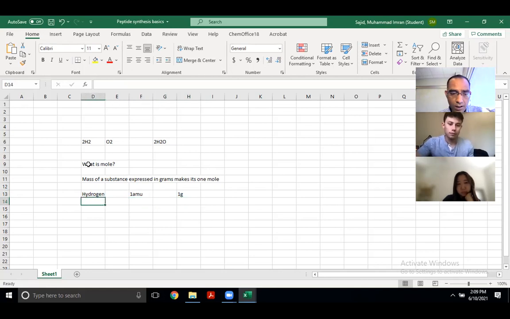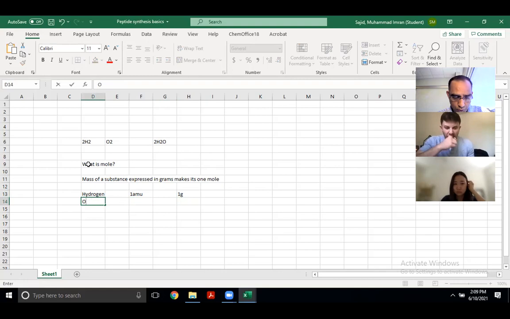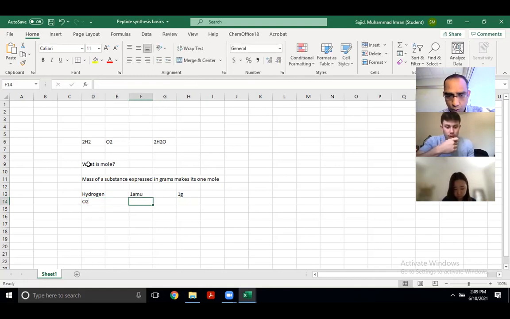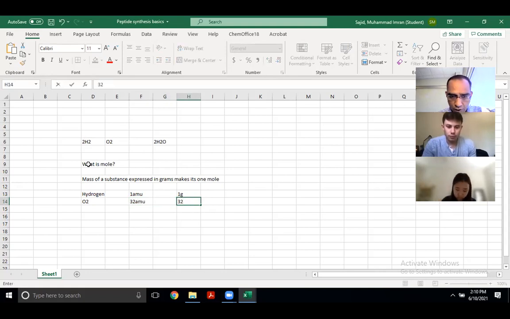Same is the case with oxygen. Oxygen is O2. One oxygen is 16, so O2 is 32 AMU. Got it? If I have 32 grams of oxygen, I will say I have 1 mole of oxygen.